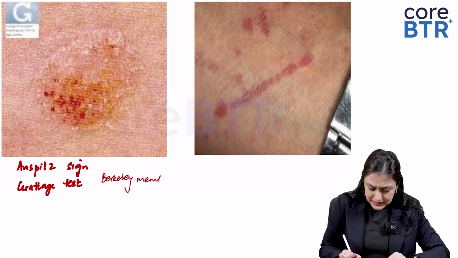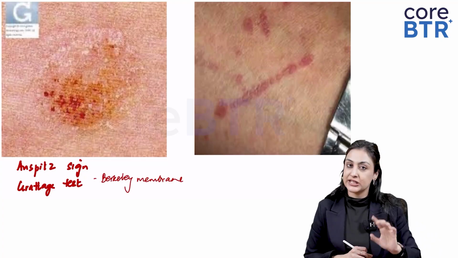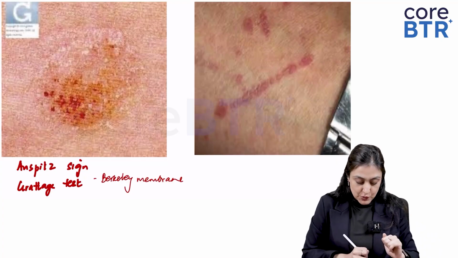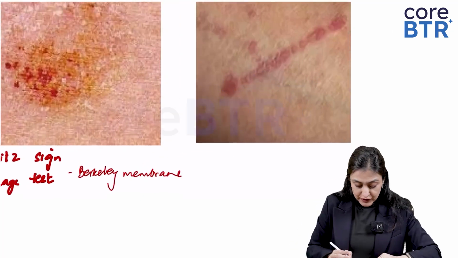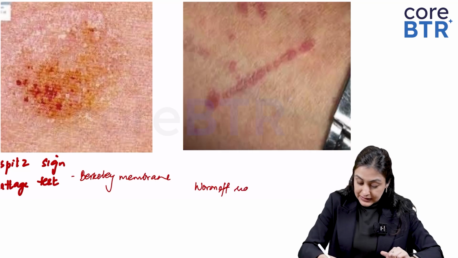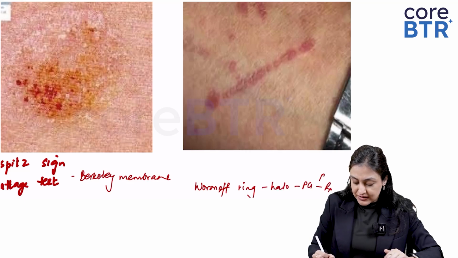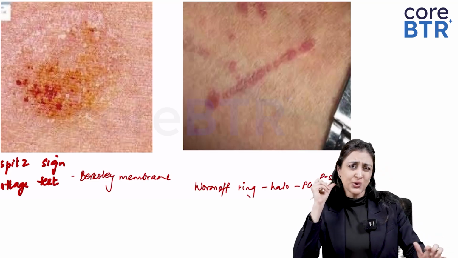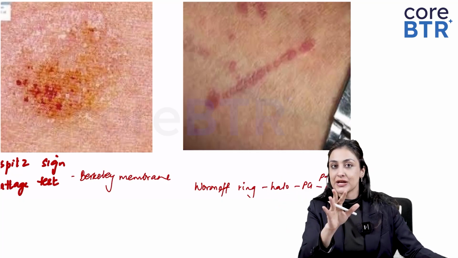And as you keep scraping further, you are going to see the Auspitz sign, which are these pinpoint petechiae. If you want to remember one more fancy word here, you can remember Voronoff's ring. Voronoff's ring is typically a halo that we see because of prostaglandin release. This happens post-treatment actually. Not very important, but just know these fancy names are all associated with psoriasis.